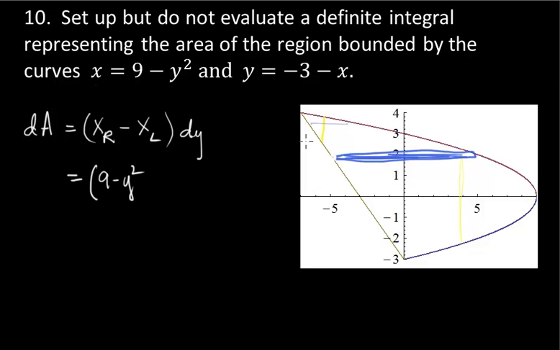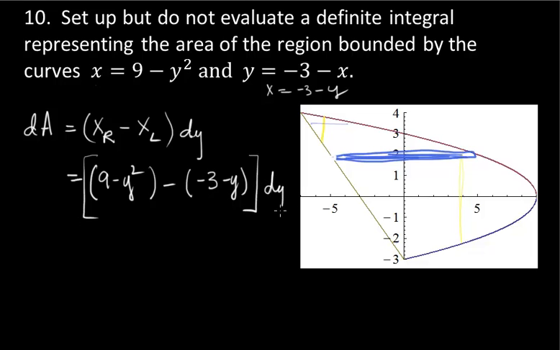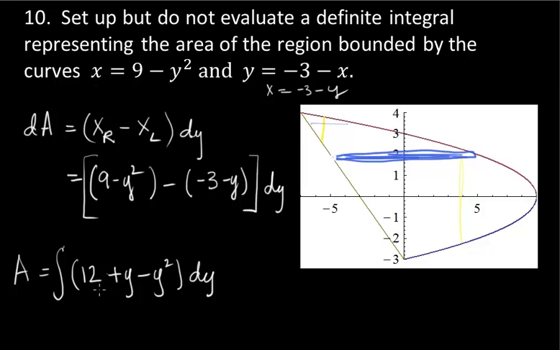So we have to solve here for x on the line. If we solve for x, we'd get minus 3 minus y. So it is x on the right minus x on the left, minus 3 minus y, and all of that multiplied by dy. So our area then will be the integral of dA, and let's simplify this. It's 9 minus a minus 3, so that's 12 plus y minus y squared dy, and we need to find our limits of integration.